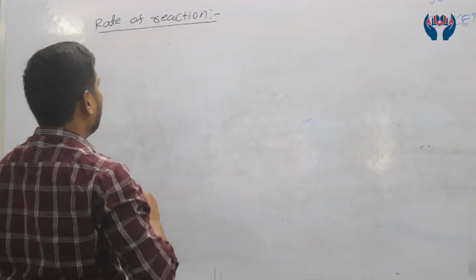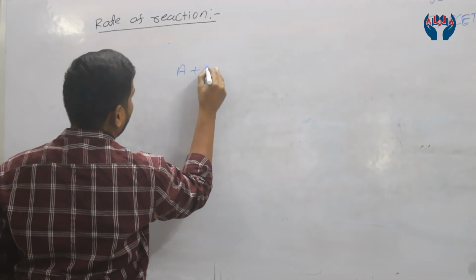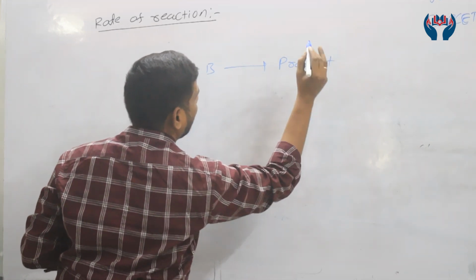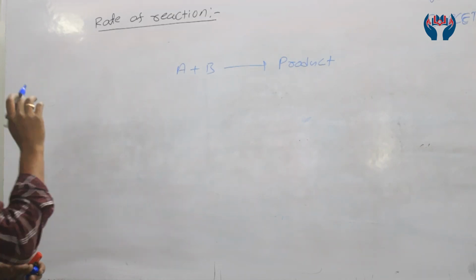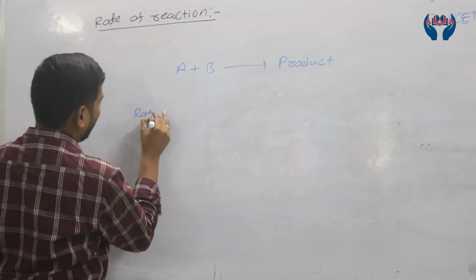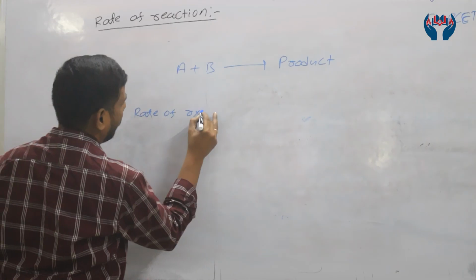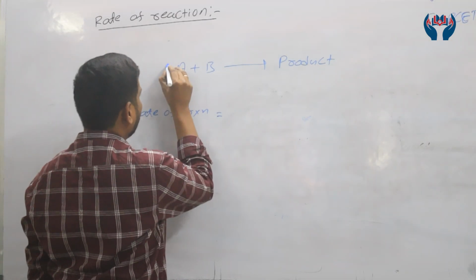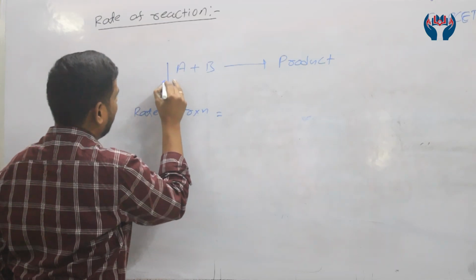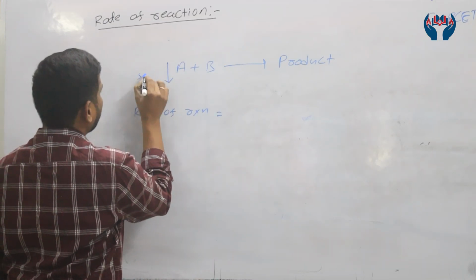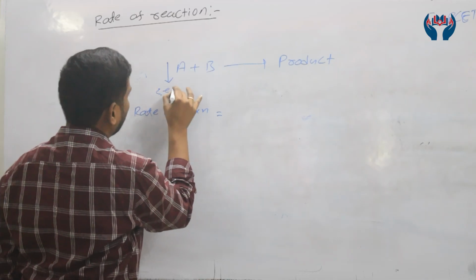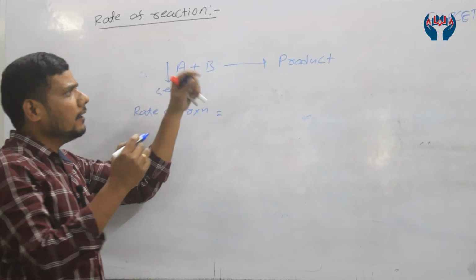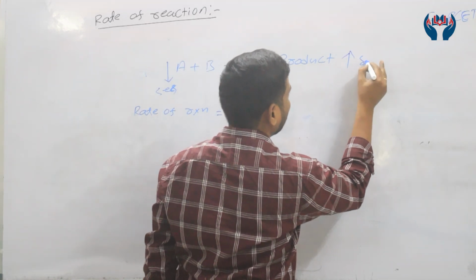For example, A plus B is converted into product. Then the rate of reaction depends upon the decreasing concentration of reactant. Whenever the reaction proceeds, the reactant concentration decreases and the concentration of product increases.